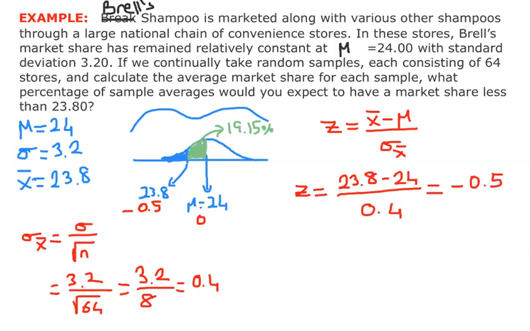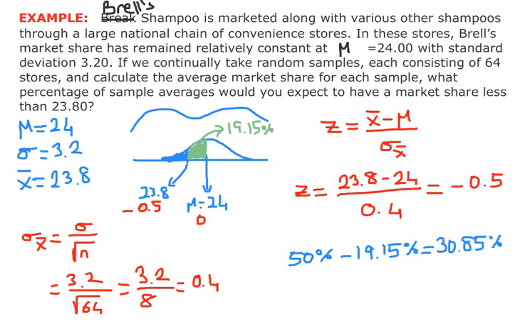How can we find that? We know that the normal distribution is symmetric, so if we do 50% minus 19.15%, we will have 30.85%.